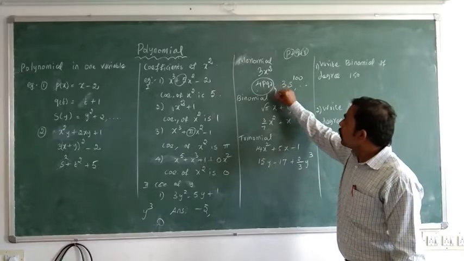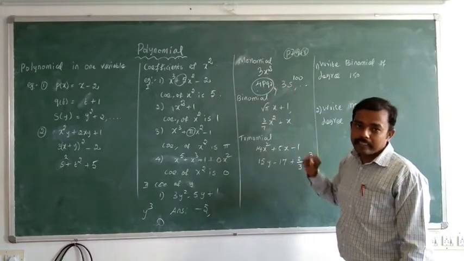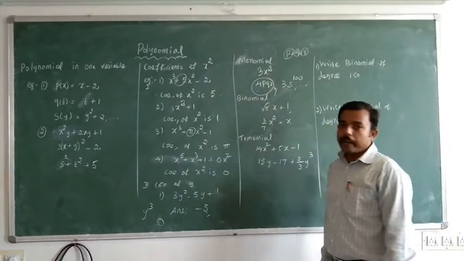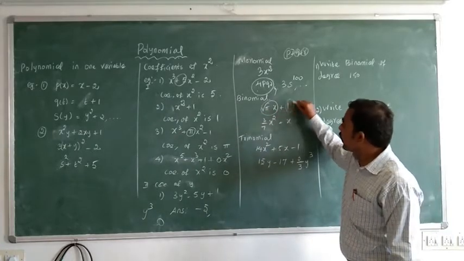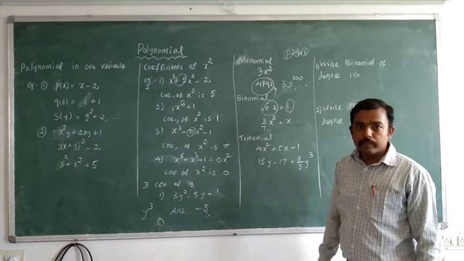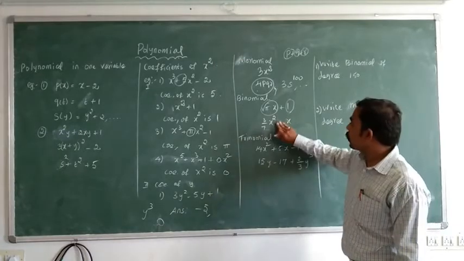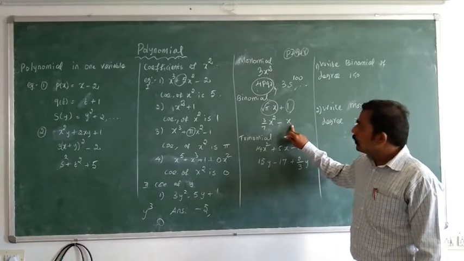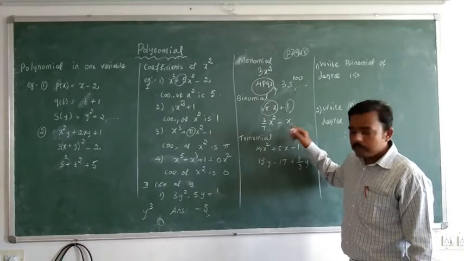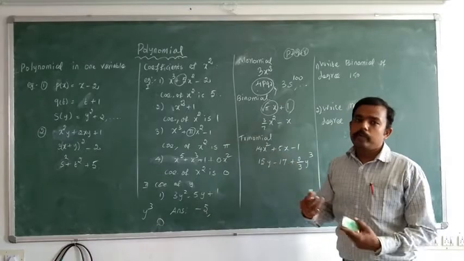So come on, 2 more examples are given. Similarly, binomial: this is the first term, a plus symbol is given, so this is the second term. No need for only a plus symbol, we can use the minus symbol. So for example, 3 by 7 x squared minus x. Here we have only one variable, don't worry about whether it is one, two or three variables.